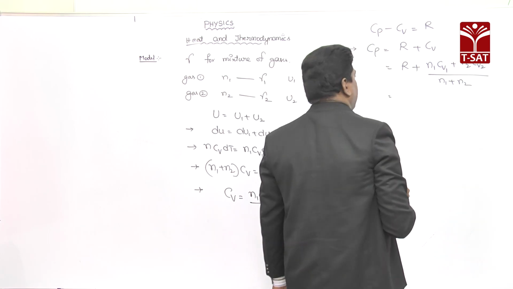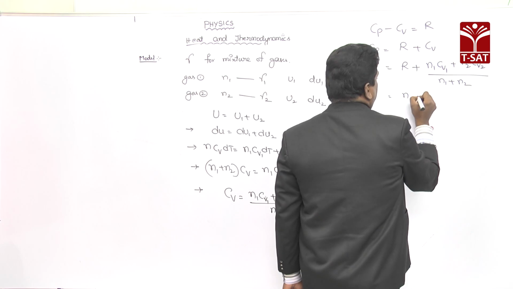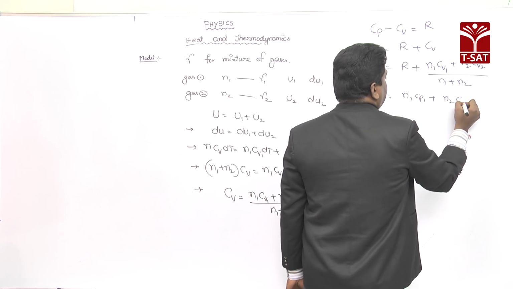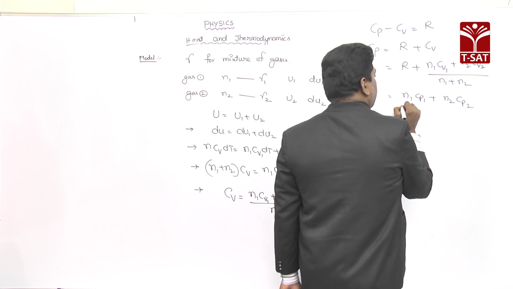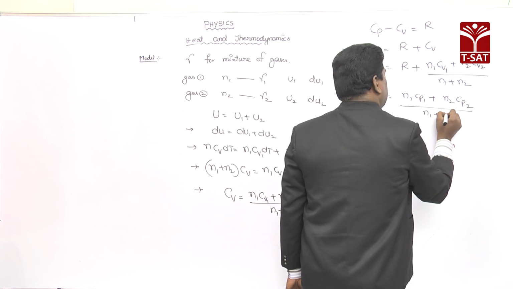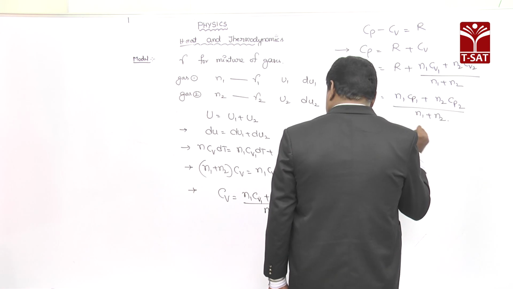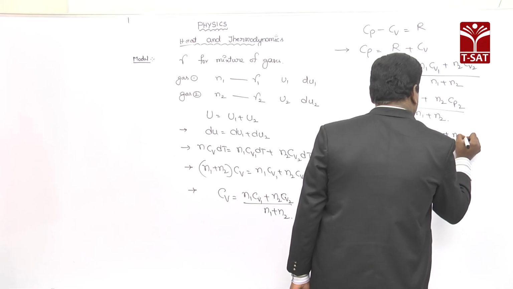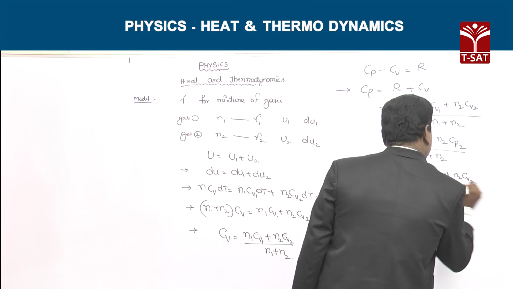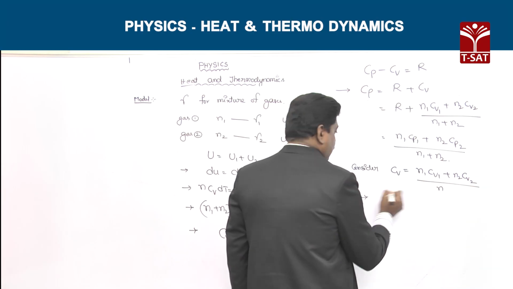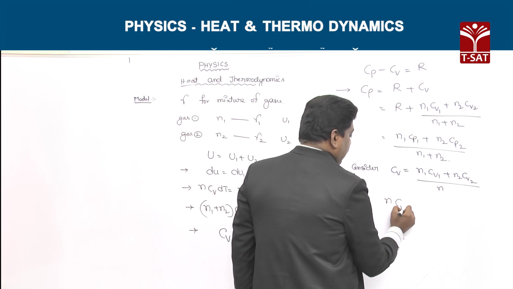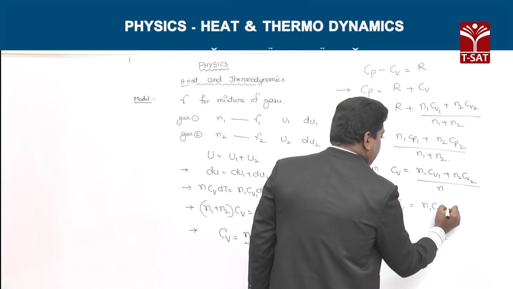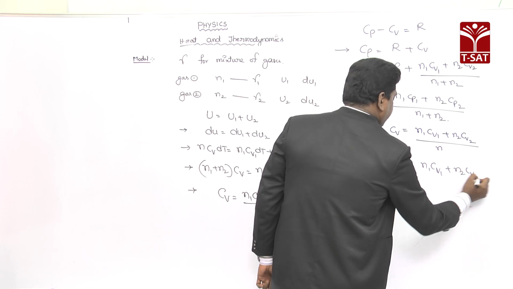On simplifying, we get n1 Cp1 plus n2 Cp2 by n1 plus n2. Cv equals n1 Cv1 plus n2 Cv2 by n. This we can write as nCv equals n1 Cv1 plus n2 Cv2.